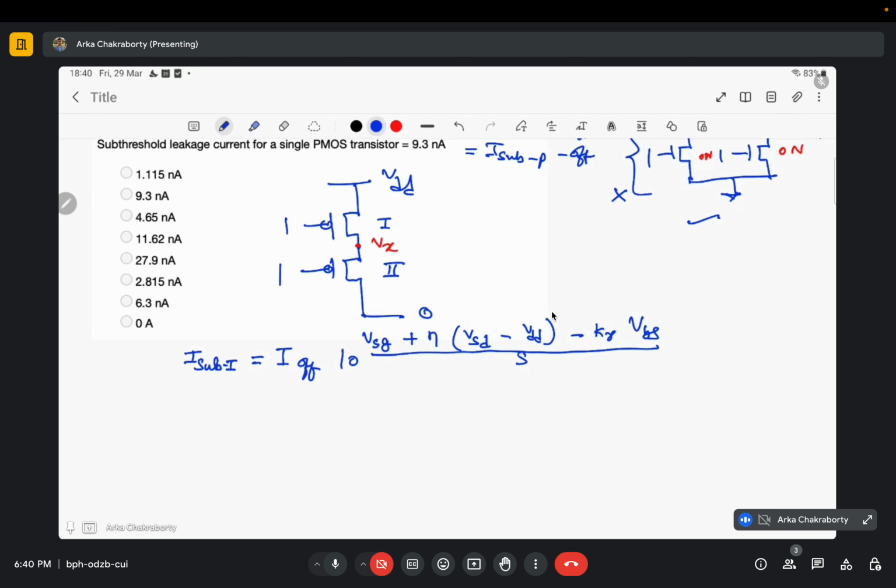See, there are two nomenclatures, you can follow either. Every time you move from NMOS to PMOS, you can invert VGS to VSG, VDS to VSD, VSB to VBS, and so on. Else you can keep everything exact, that is VGS you will keep as VGS only, VDS as VDS only, VSB as VSB only. Only what you need to do is take all of these as negative. Remember that VDS, VGS, VSB and Kn, everything will be considered negative.